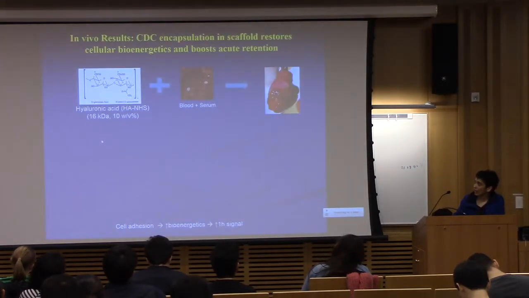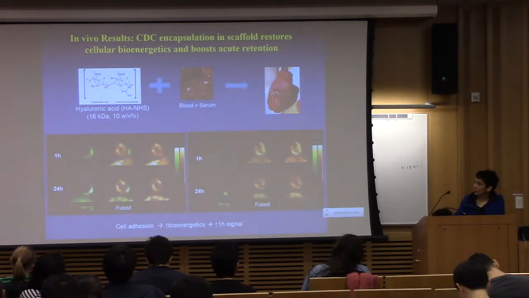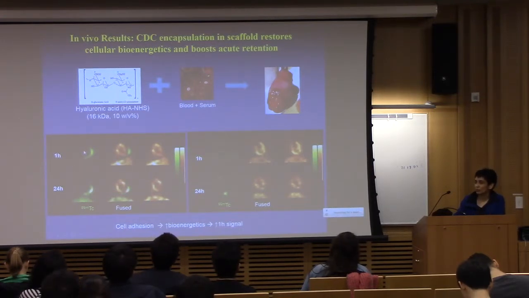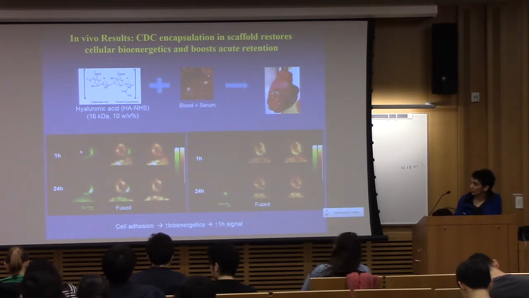And then in collaboration with Jennifer Elisa from BME, we designed this hydrogel, which is made of derivatized hyaluronic acid. That's very bioadhesive, sticks to a beating heart, provides adhesion motifs, and rapidly normalizes metabolism and improves cell viability.